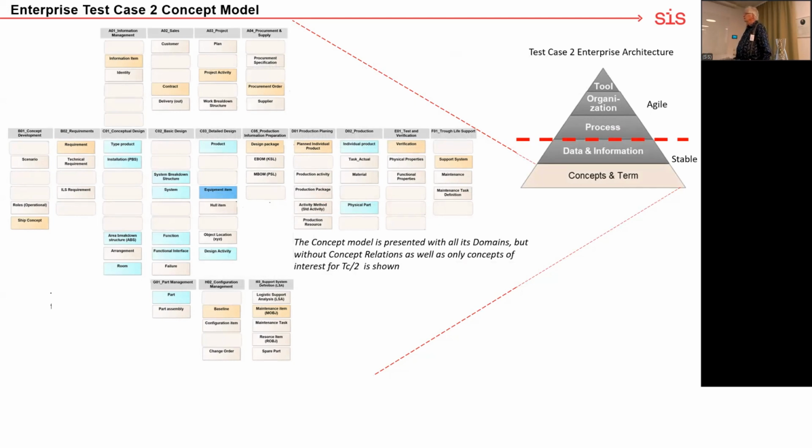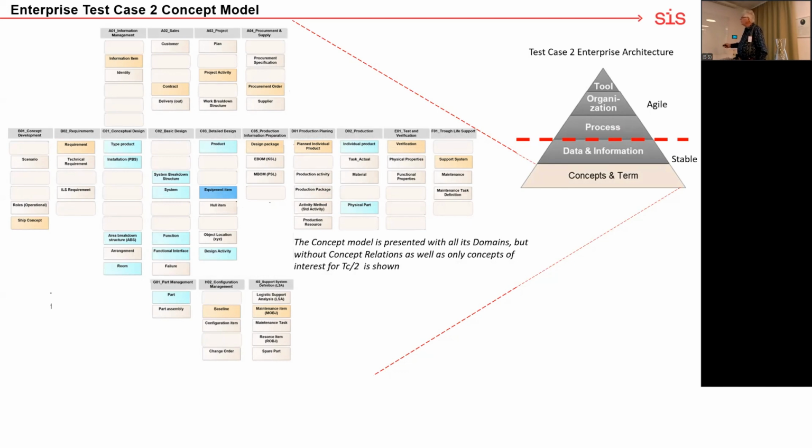So, as I told you, the PLCS concept model is at a very abstract level. So to make it make sense at the shipyard, first of all, we have this representation of our architecture principles at Kockums. We call it the information pyramid.